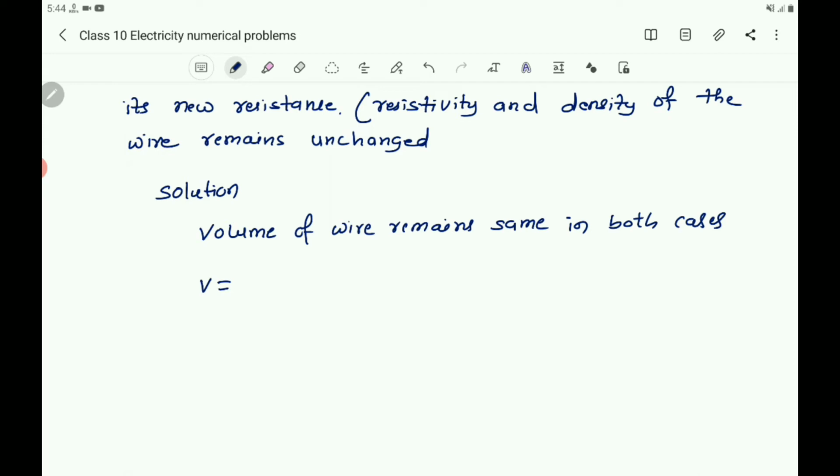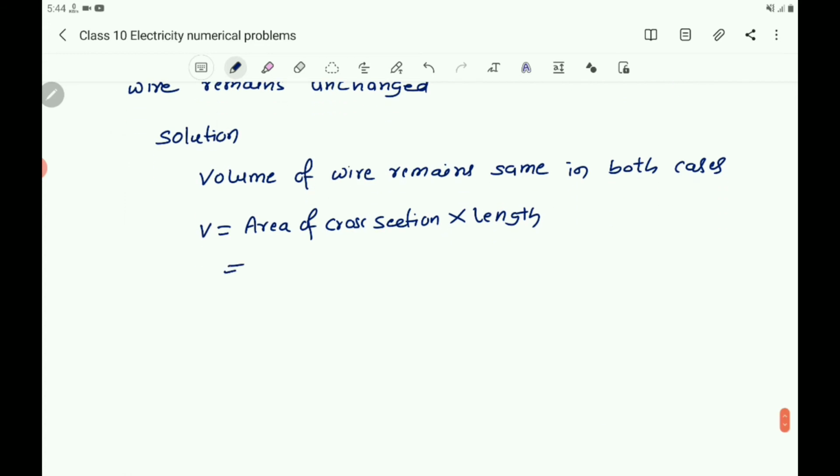V equals area of cross section into length. For the first case it is A L, and for the second case you take A dash L dash. So A dash L dash equals A L.